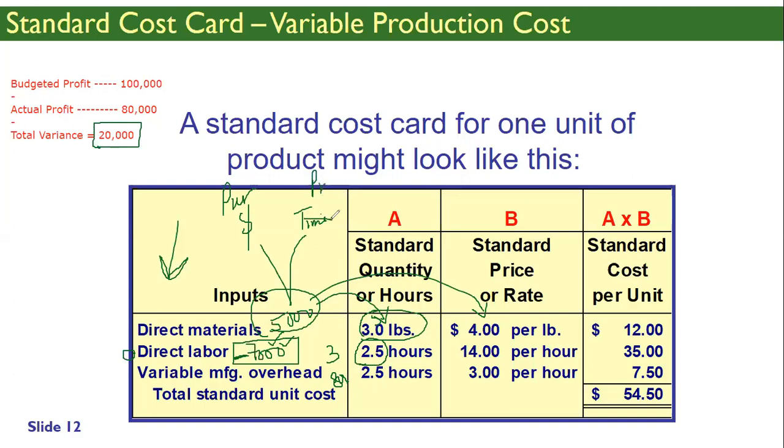So material has two things: the usage, which means how much we are using, and the production manager is responsible for that. But if you are buying it expensive, it is called price variance. Then the purchase manager, the procurement department, is responsible.